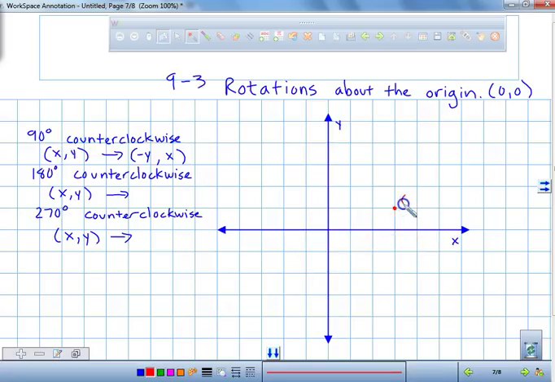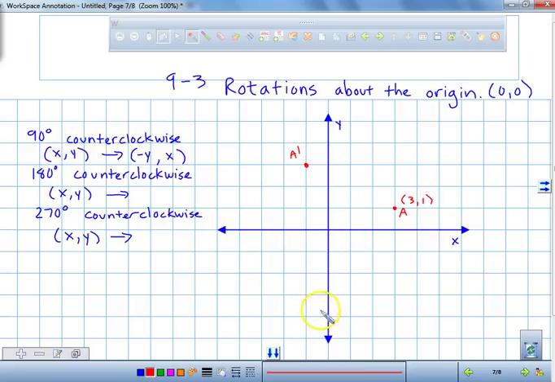This point is at a 3 and a positive 1. If I wanted to do a counterclockwise rotation of this point, I'm going to call it point A, then I am going to go negative 1, positive 3. Negative 1, positive 3. And this would be considered my A prime.